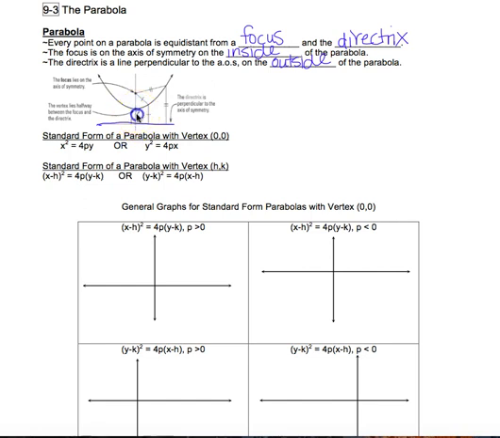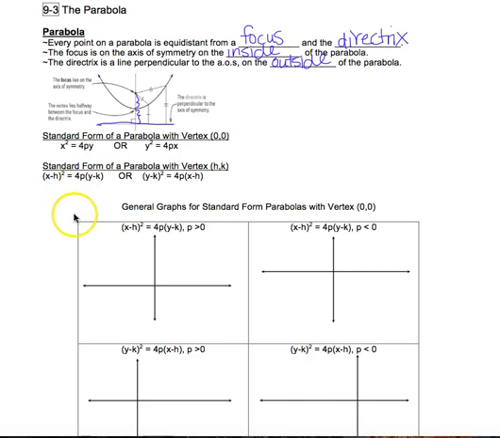So we can see that this distance is the same as this distance. And then as you move out, different points on the parabola, it's true for all of them. And you can see that they've marked two more here where we have distances that are equal when I draw the perpendicular to the directrix and connect to the focus.